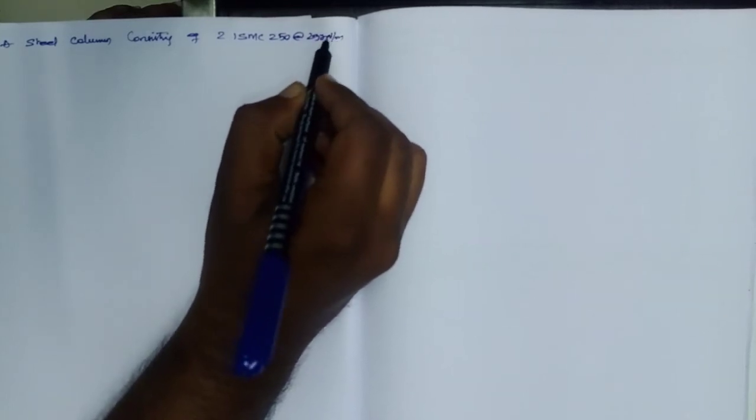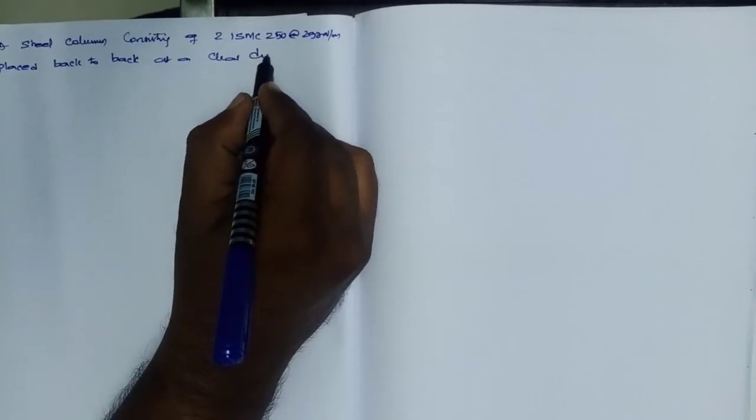On column base, so a steel column consisting of 2 ISMC 250, 297 Newton per meter, placed back to back at a clear distance of 70 mm.